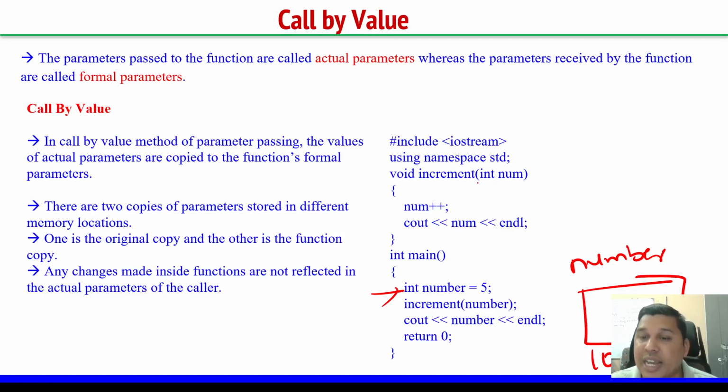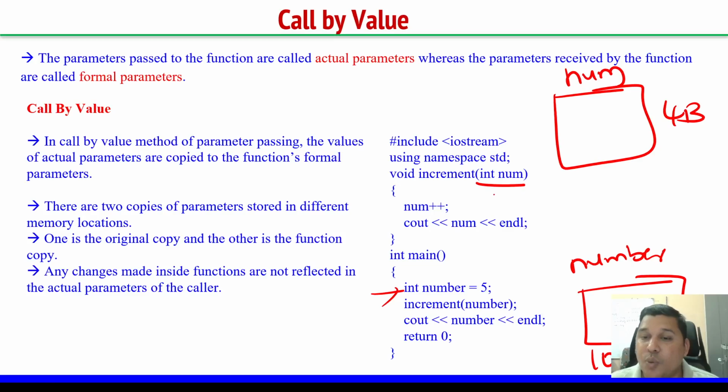In the receiving function, again there is a variable definition. You are declaring another variable, int num. So again one more memory block will be allocated, 4 bytes with name num. Now what is the value in this? It is 5, because I am passing 5 here. 5 is received. This address can be anything.